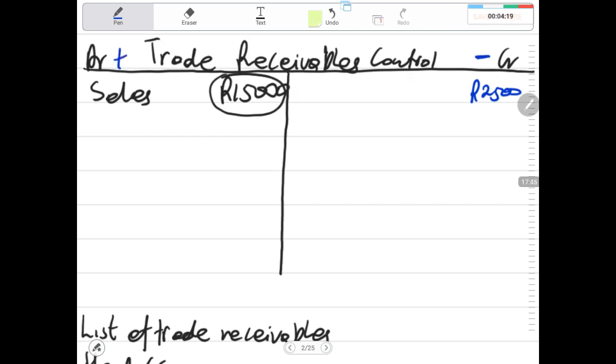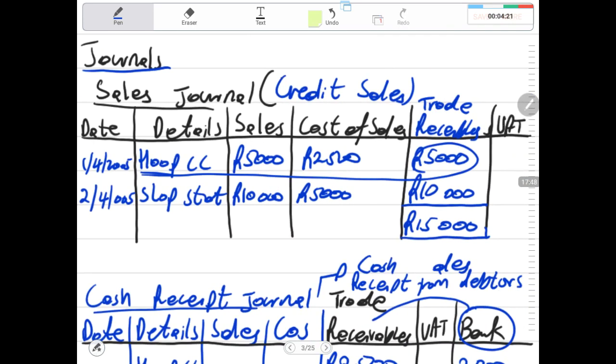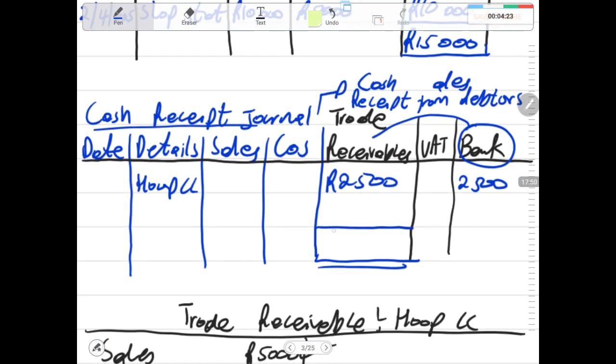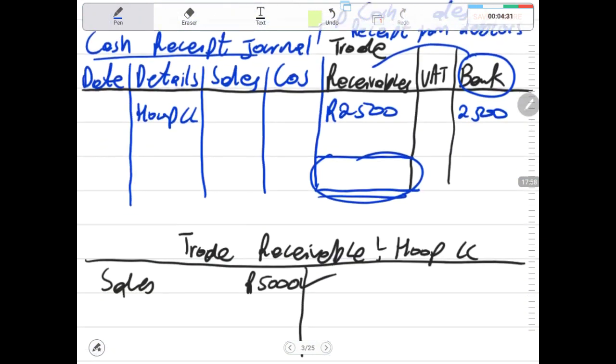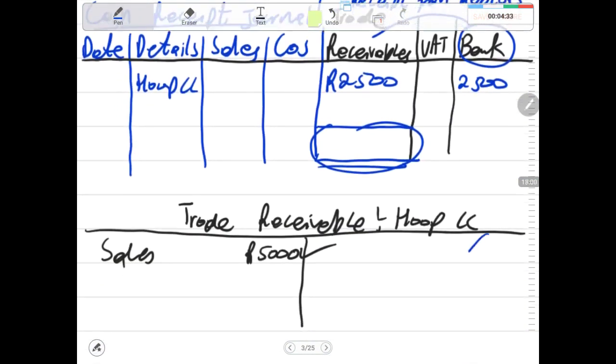So the total of the trade receivables in the cash receipt journal is recorded on the credit side of the trade receivables control, and also on the credit side of the individual account.